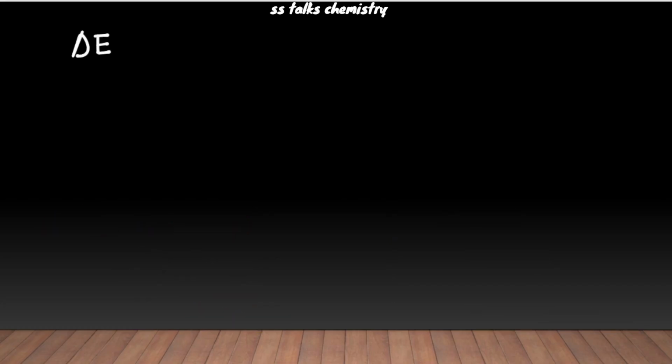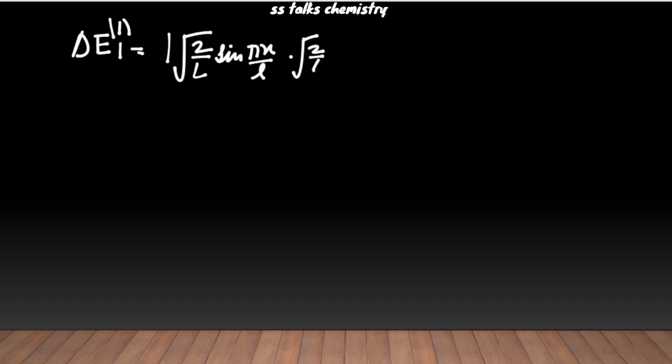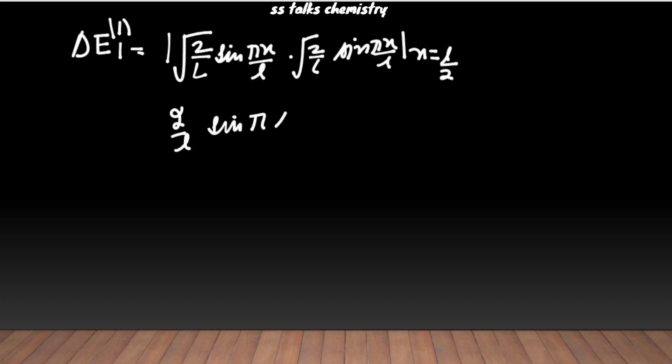The energy correction for the first order in the ground state is going to be the magnitude of root of 2 by L into sine of pi x upon L, this is the conjugate part of it, next root of 2 by L into sine of pi x upon L. Now here we have to put that x value as L by 2. So substitute that, it becomes 2 by L into the sine of pi, x value is L by 2, L was already present, into sine of pi by L into L by 2, right? So this magnitude we have to find.